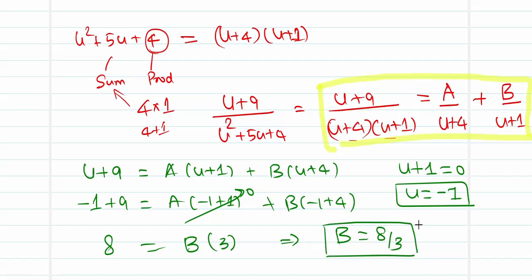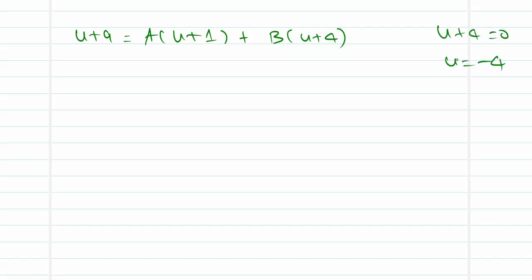Now the next thing is to get the value for a. What is going to be the second factor? My second factor is u plus 4. So u plus 9 is equal to a times (u plus 1) plus b times (u plus 4). You equate the second factor to 0, so I have u equal to minus 4. Substitute u as minus 4 on both sides.